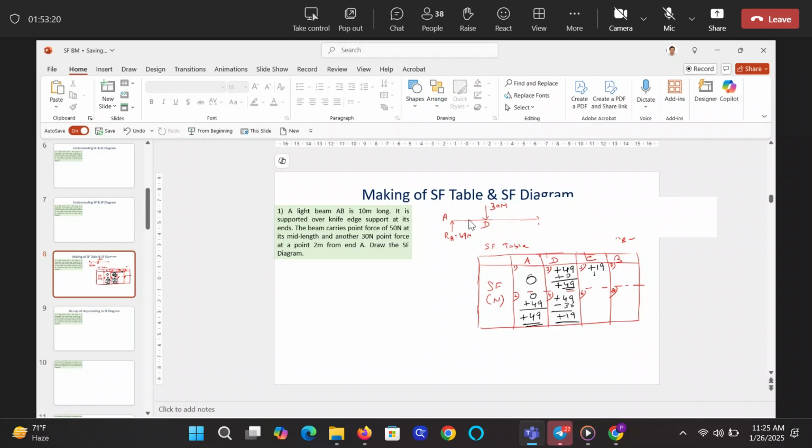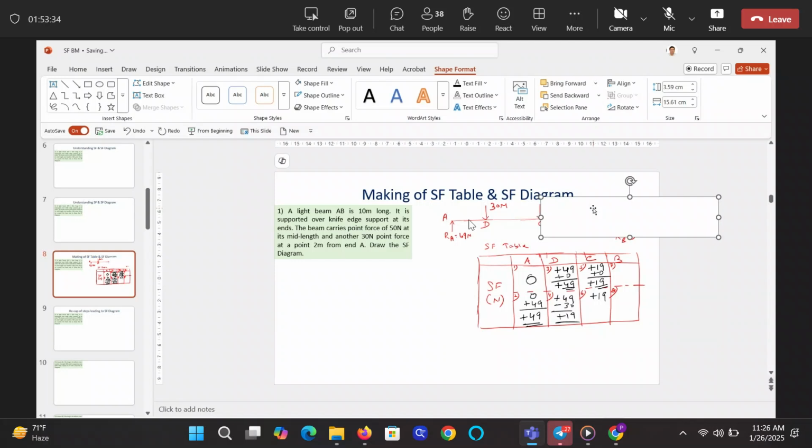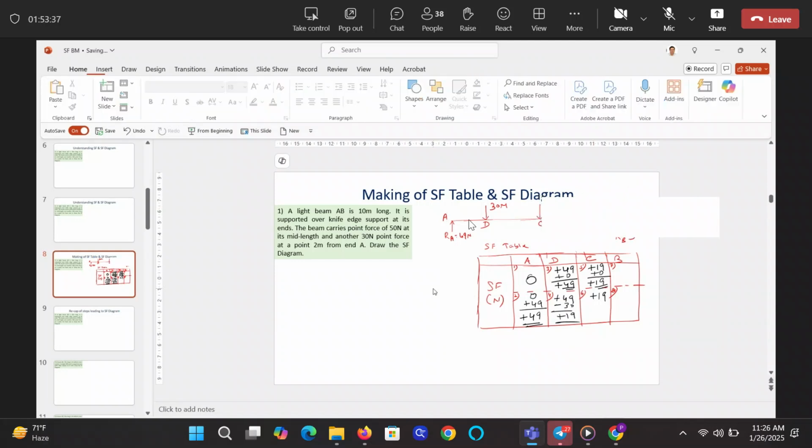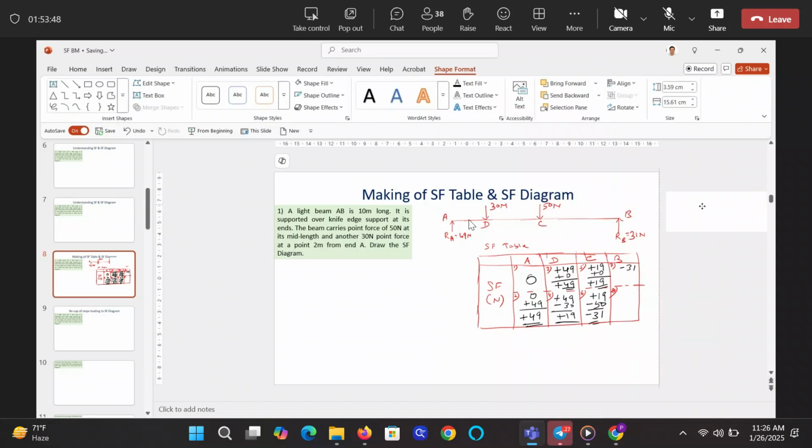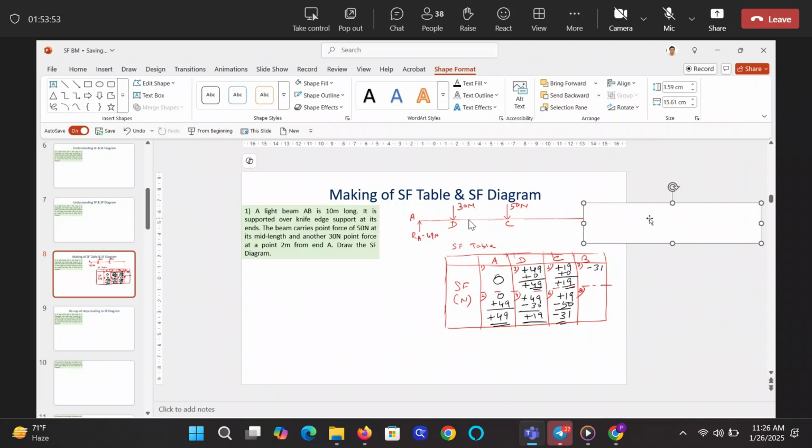No, change is 0. If you don't want to write plus 0, it's okay. Once you become more proficient, you will be cutting short. Then plus 19, and I go just to the right of C. When I go to just right of C, you have minus 50 coming into picture. Am I right, guys? Yes, sir. Making it minus 31. I bring minus 31 here, and now I go to just left of B. There is no change. Remains minus 31.